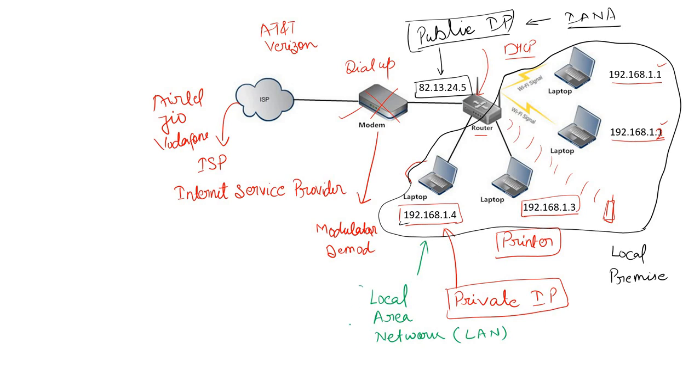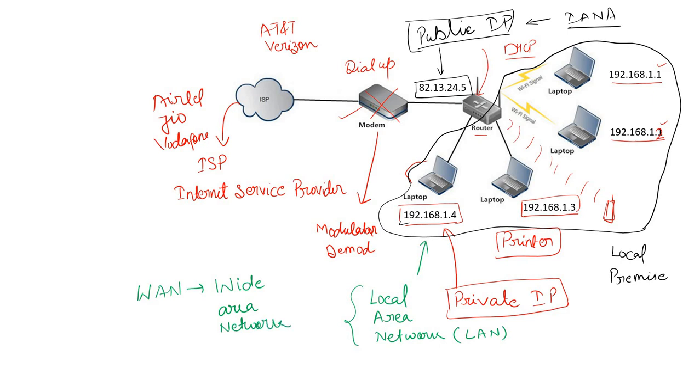Now, next thing, obviously, if you take the name LAN, then automatically it creates a question in your mind: what is WAN? If you have heard these terminologies, fine; if not, just listen. This is called a wide area network. What is this wide area network?